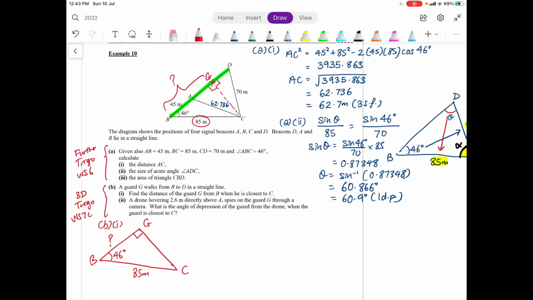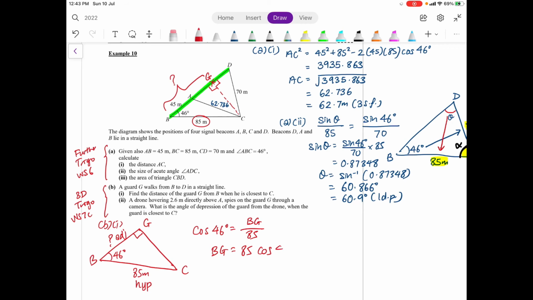I hope you got it. BG is adjacent. 85 is hypotenuse. Okay, it's not opposite. Adjacent and hypotenuse means cosine. Cosine 46 degree equals BG over 85.